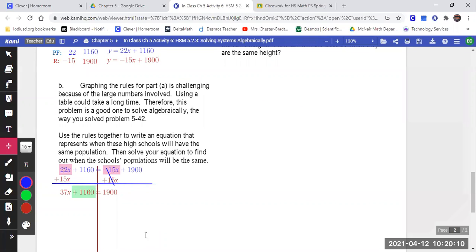Subtract 1160 from both sides. So boom, minus 1160. Line him up with this guy so he zeroes them out. Copy to the other side of the line. Right? Line it up.